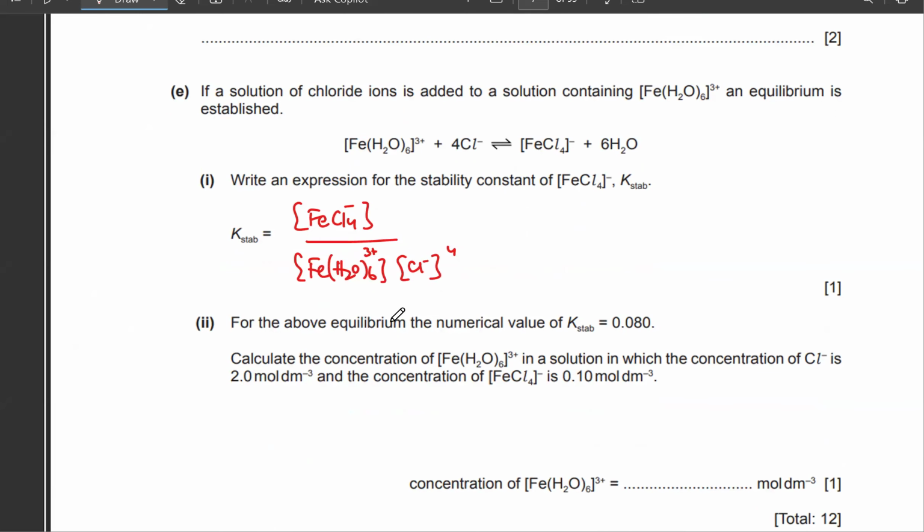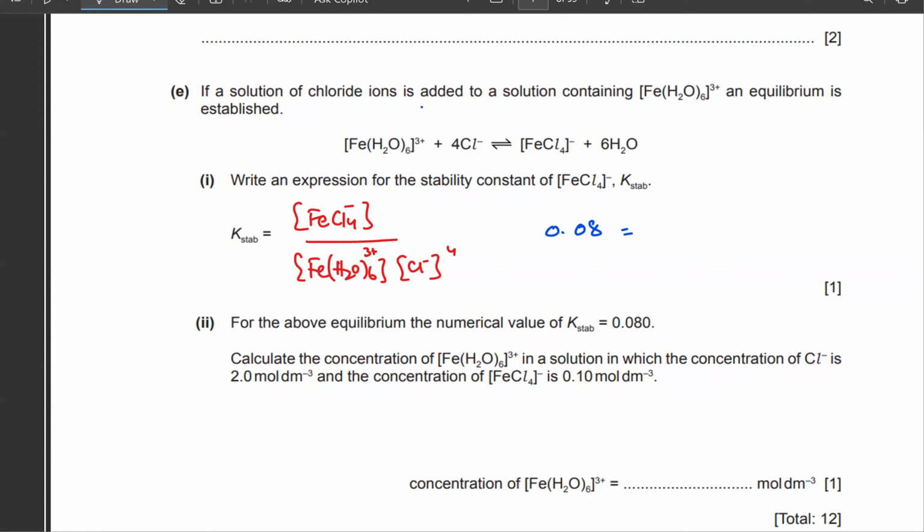He then says the Kstab value for this expression is 0.08. Calculate the concentration of Fe(H2O)6 3+ in the solution in which the concentration of Cl- is 2 mol. So everything is given. They've given us the Kstab value, which is 0.08.